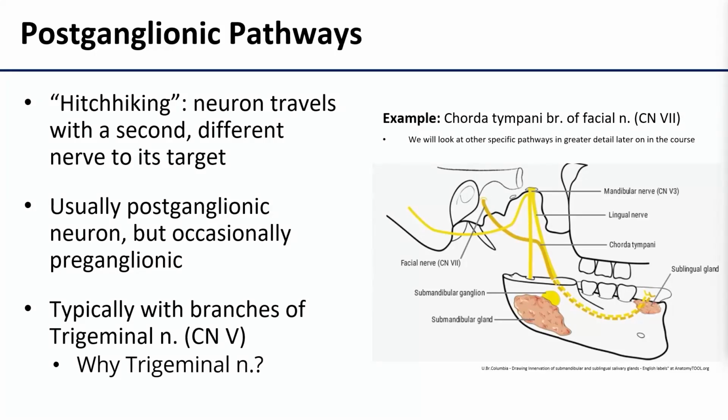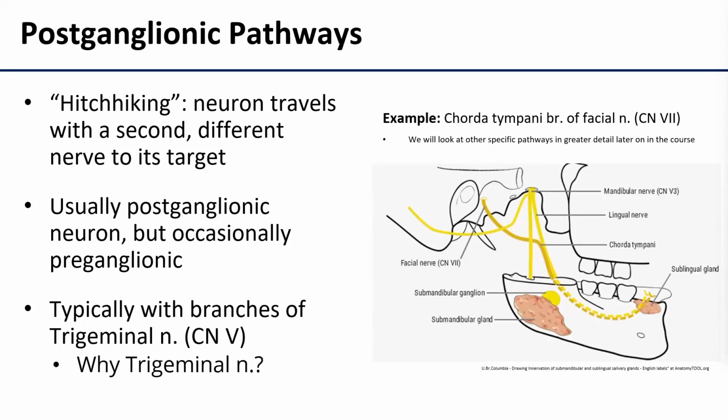Now, we say hitchhike instead of join because they don't really become part of the nerve. They don't share its connective tissues or mix in with the other fibers, but they do run pressed up right along next to them, okay? And I will clarify to say that it is typically postganglionic fibers that hitchhike, but in one instance, some of the preganglionic fibers do this as well.